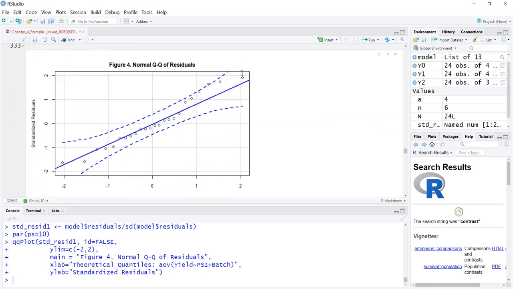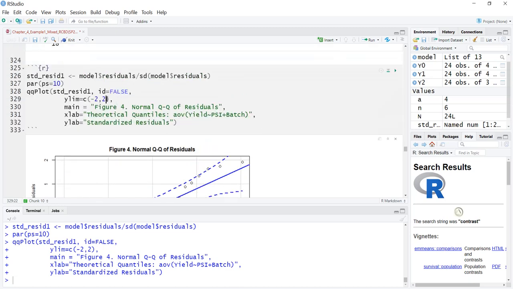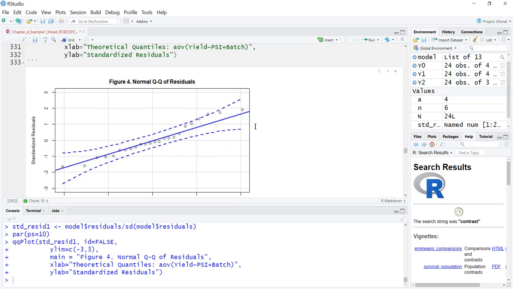Well, with this point, it's on the line, but you can definitely tell that it's well within. But it blows this up so you can see this a little bit better. I think I'd probably leave this at -3 to 3. So you can play with that limit just to make sure that you're capturing everything, and that looks better. I can see everything now. I can see the whole band and know that everything's okay.